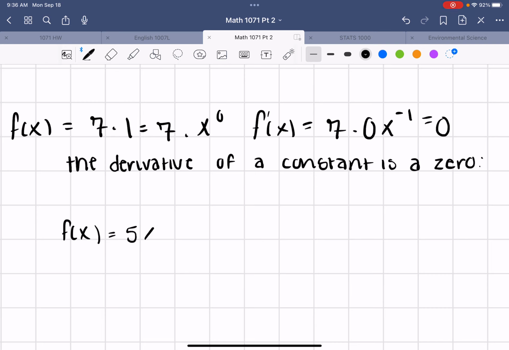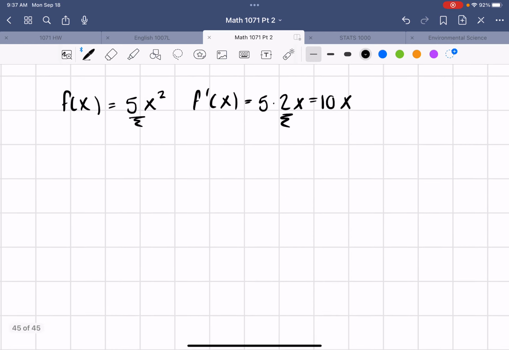So the derivative of x squared became 2x, and the coefficient 5 just stayed. That's the rule. Coefficients stay. So coefficient means a number multiplied, a factor. Coefficients stay.